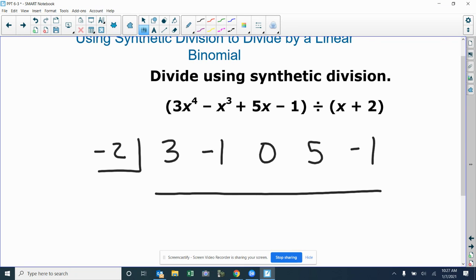Coefficients: 3, -1. Don't have x squared, we put a 0. 5, -1.